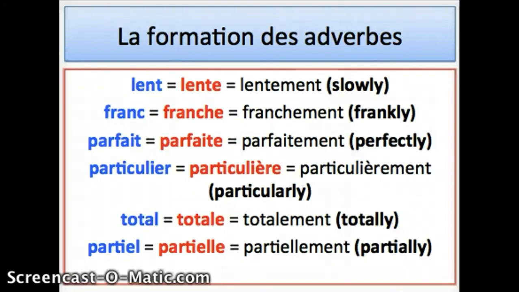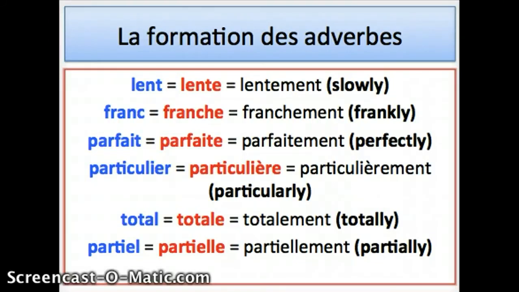The next adjective, franc, is a good example of the adjective that has to make a little bit more of a change to turn it into the feminine form. So franc becomes franche when it's feminine. And as the adverb, it's franchement, frankly. Parfait, parfaite, parfaitement, perfectly. Particulier, particulière, particulièrement, particularly.